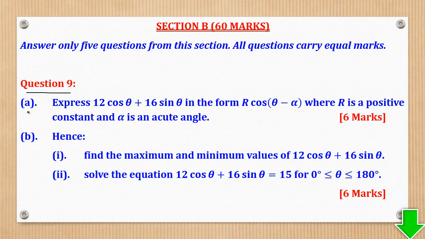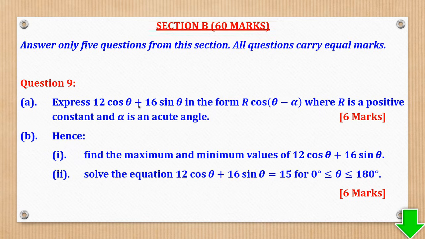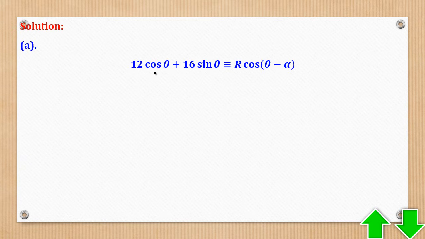So question 9 says, part A, express this in the form this, where r is a positive constant and alpha is an acute angle. R is positive, alpha is acute. That is now our formula. So this is equivalent to this.